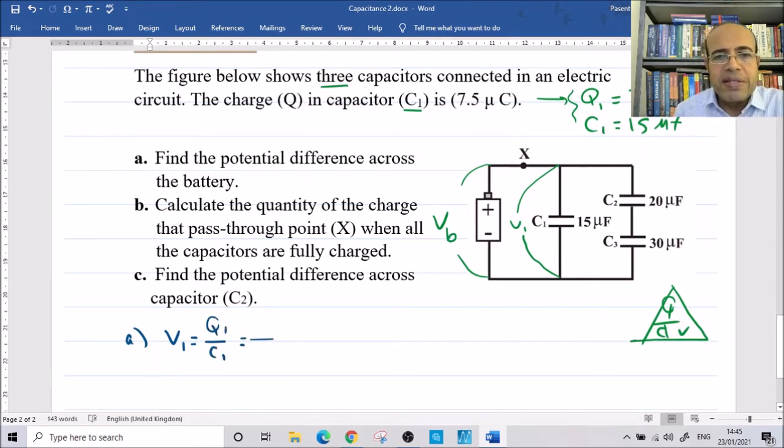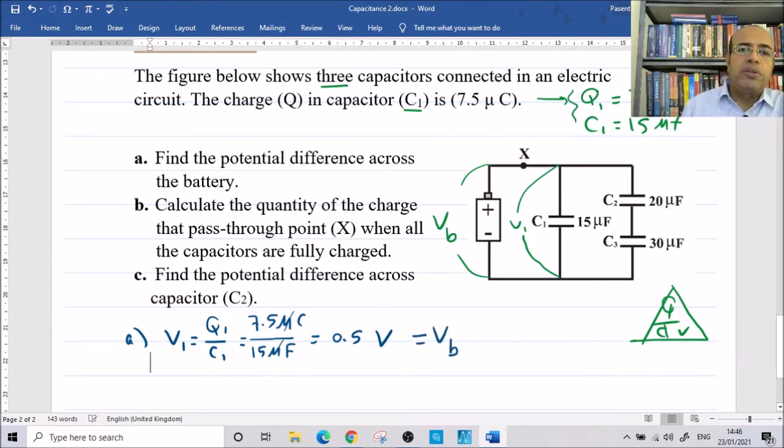Q1 is 7.5 microcoulomb and C1 is 15 microfarad. We cancel micro with micro, so 7.5 divided by 15 is 0.5. Coulomb over farad is volt, so 0.5 volt. V1 equals the voltage across the battery, so the voltage of the battery is 0.5 volt.